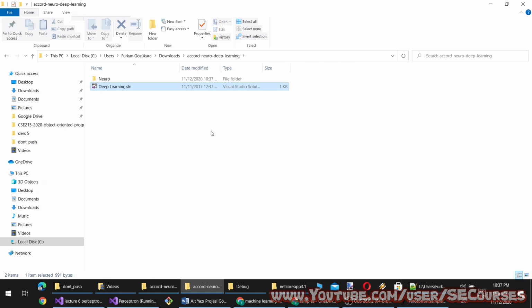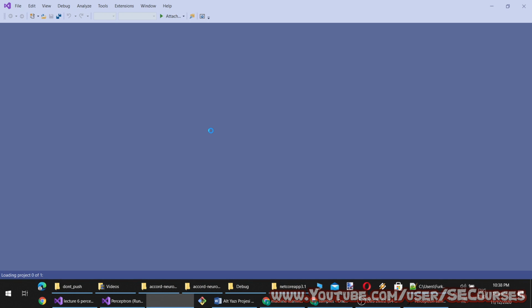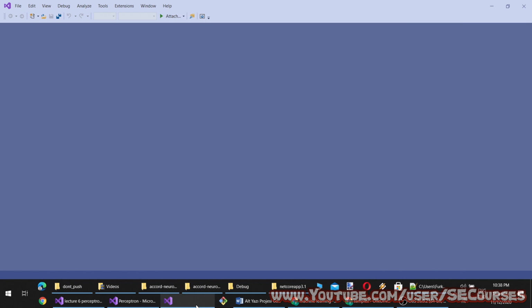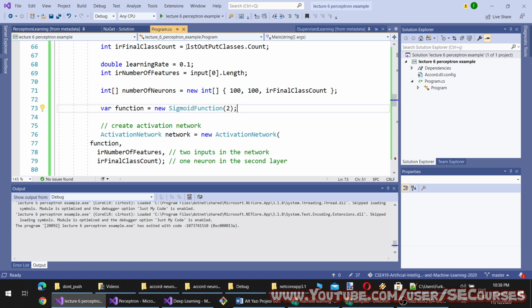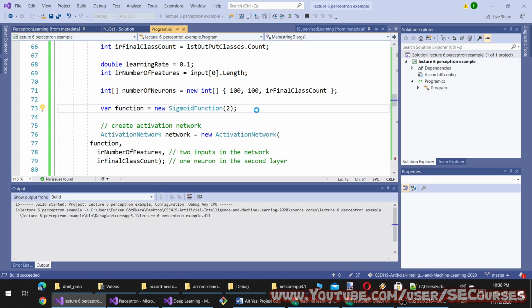Okay, deep learning. You know, we may not be successful on this dataset with neural networks as well. It is not guaranteed, because this dataset may not be suitable for neural networks or the perceptron algorithm.